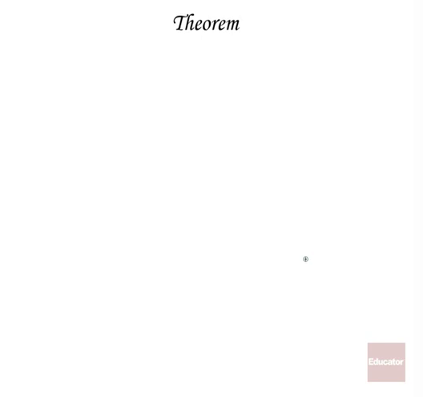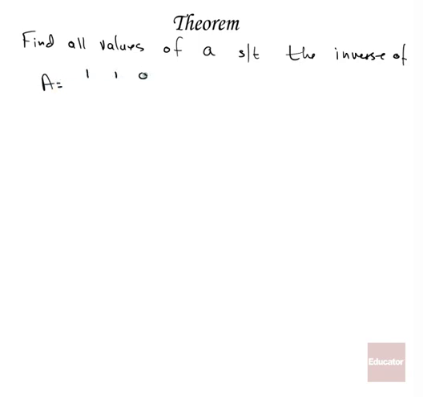Okay. Let's do a slightly more complex example. Find all values of a such that the inverse of A, which we'll take as 1, 1, 0, 1, 0, 0, 1, 2, a, exists.